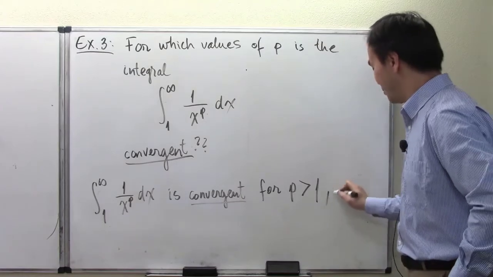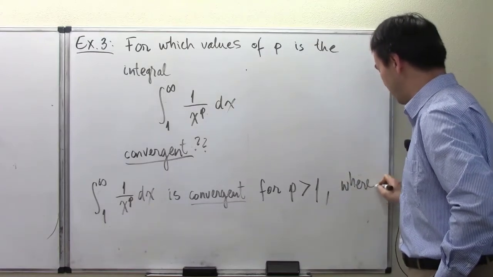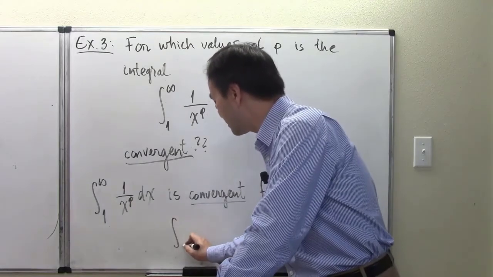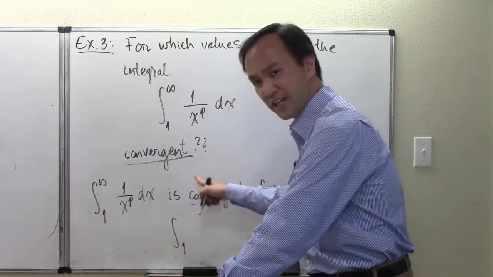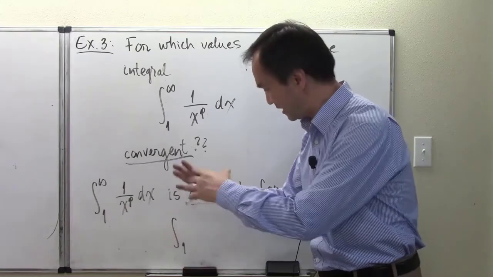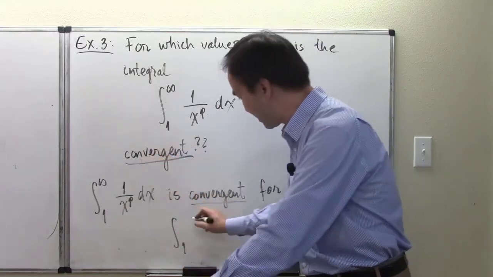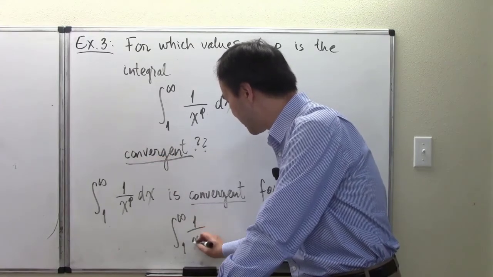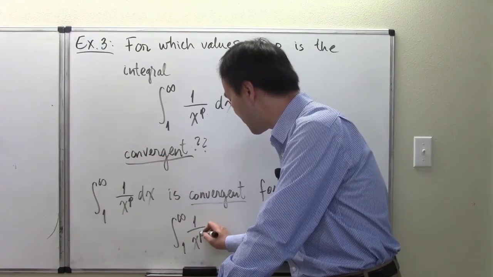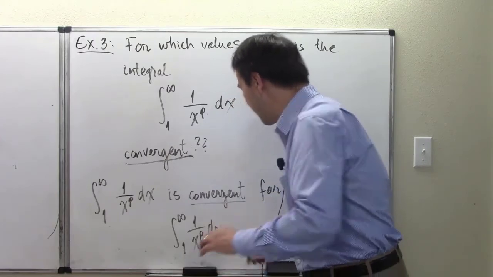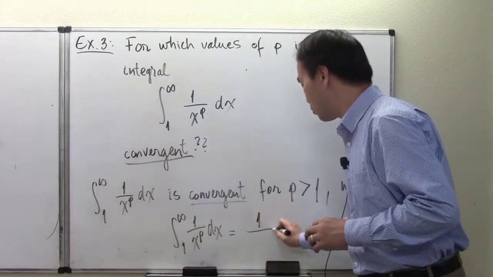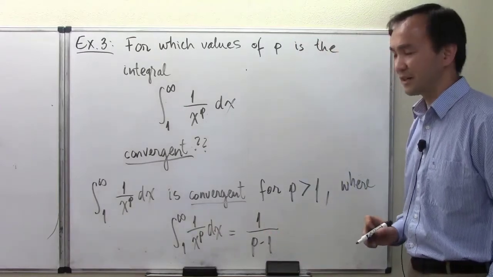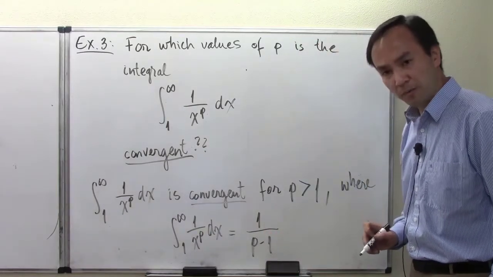And in that case, we can find the value of this integral itself, because remember, anytime we can prove that an improper integral is convergent, then we can proceed all the way to the end to find its final numerical answer. So the integral of 1 over x to the p has the numerical answer 1 over p minus 1.